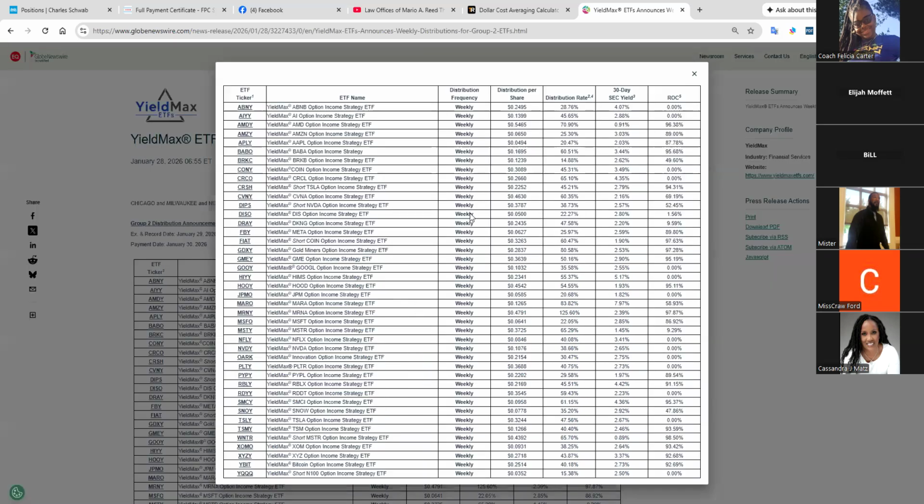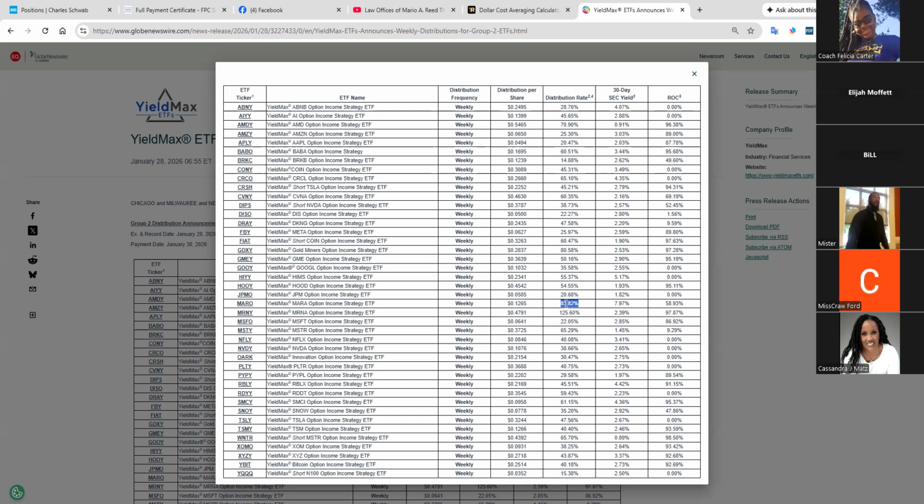I'm now going to look at all of these different high yield dividend paying ETFs. My attention is going to be focused on the distribution rate. I'm interested in going with winners. Who are the winners? Anybody who's paying out over 100%, which is MRNY. MRNY's paying out 100%, so I'm definitely getting some MRNY. MARO is paying out 83%.